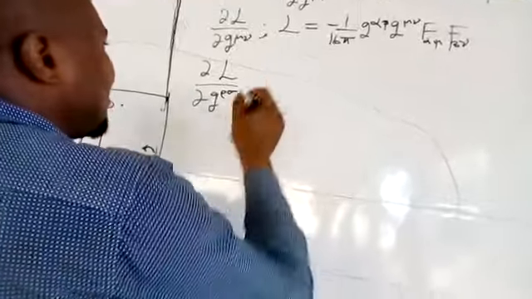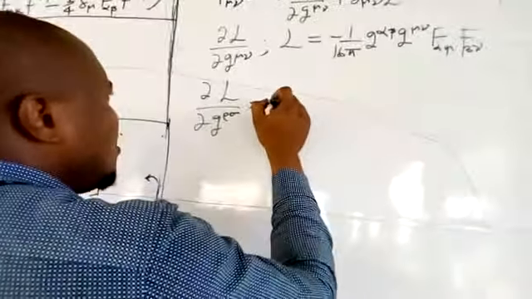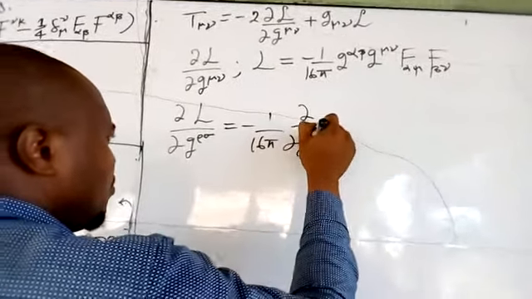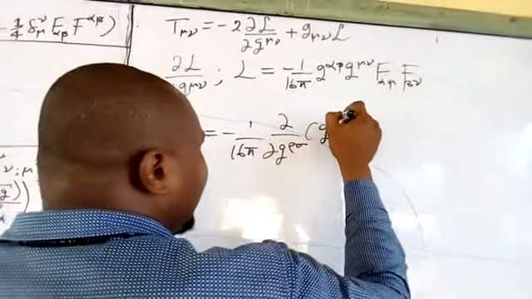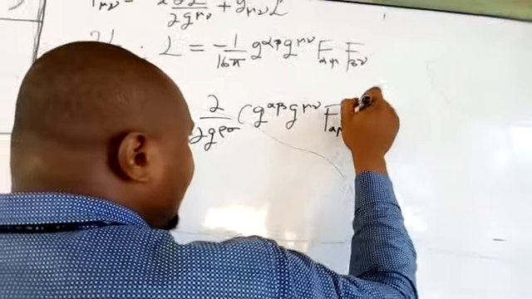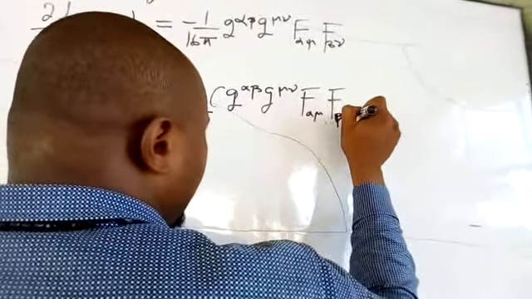So what I can do is say that this is the same thing as minus 1 over 16 pi d over dG rho sigma of G alpha beta, G mu nu, F alpha mu, F beta nu.